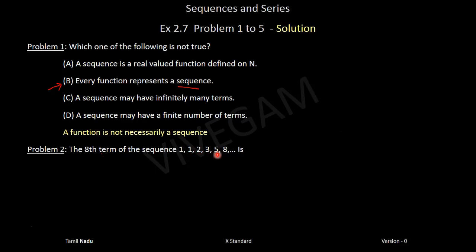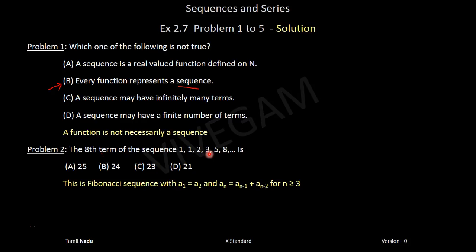Now 5 is the sum of 3 plus 2. 8 is the sum of the previous two terms, 5 plus 3. So this is basically the Fibonacci sequence, where the first term equals the second term and the nth term equals the (n minus 1)th term plus the (n minus 2)th term, for n greater than or equal to 3.